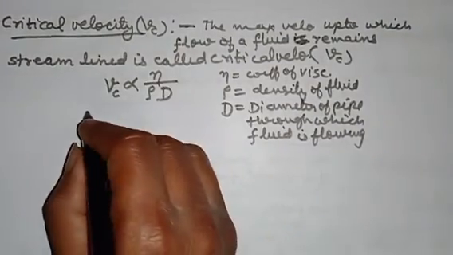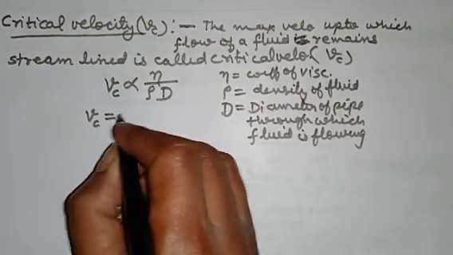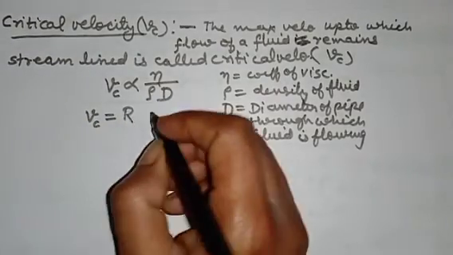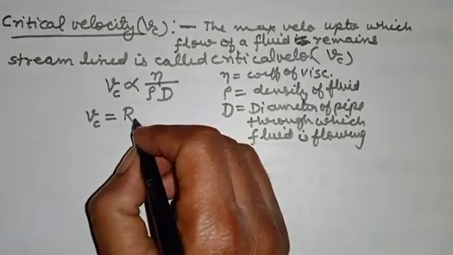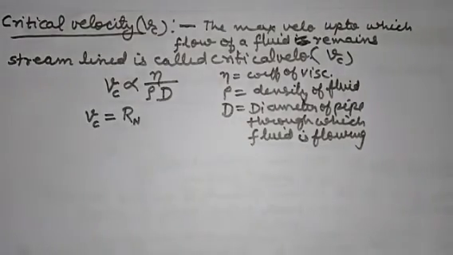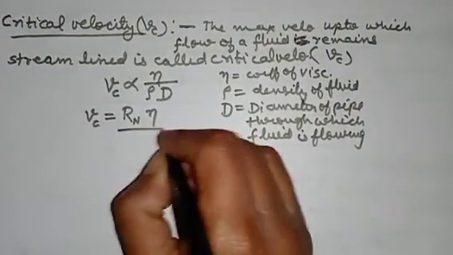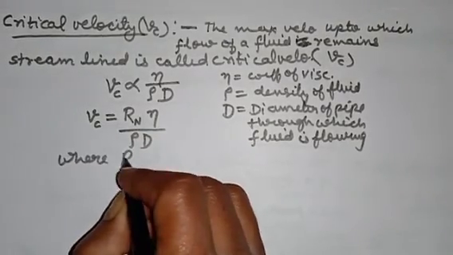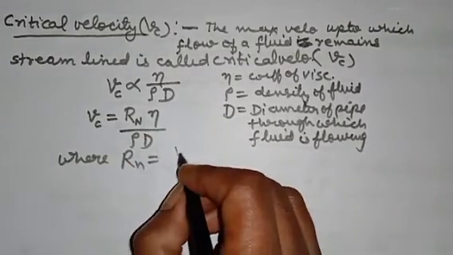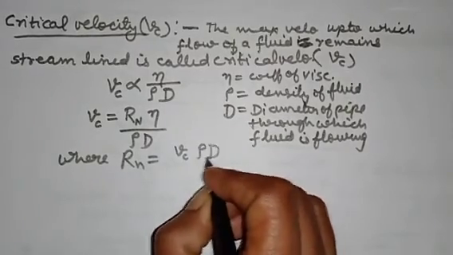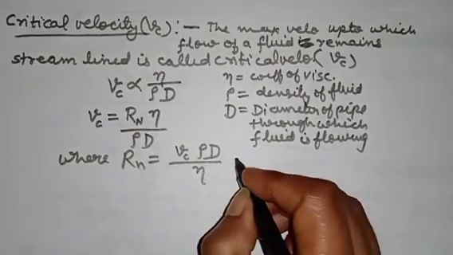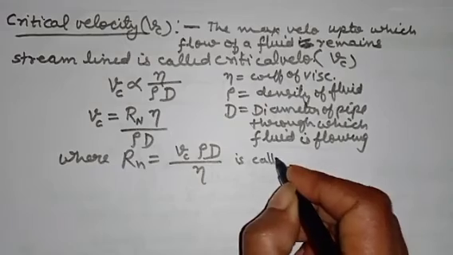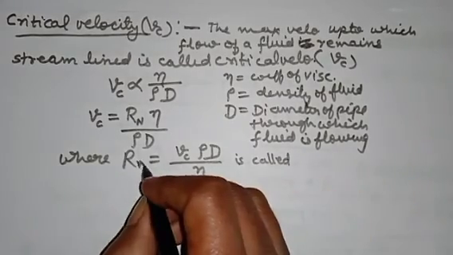So here we have a very special constant, R subscript n, which is equal to Vc rho d upon eta, called Reynolds number.